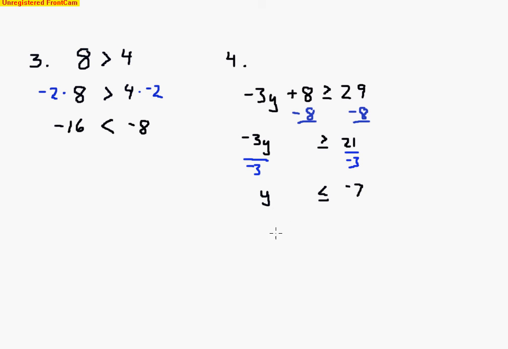So if I was to graph this, I'll start with the end point, negative 7 in the center, and then I'll have the bigger number, negative 6 to the right, and the smaller number, negative 8 to the left. And I'll have to use the appropriate type of circle.